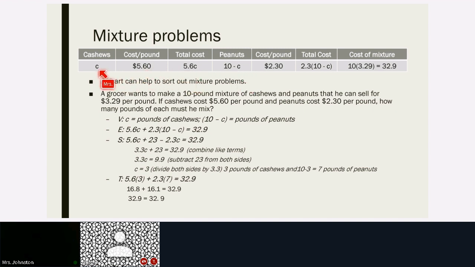Now, if the cashews cost $5.60 a pound, the total cost for whatever pounds I have is going to be $5.60 times the number of pounds, or 5.6C.